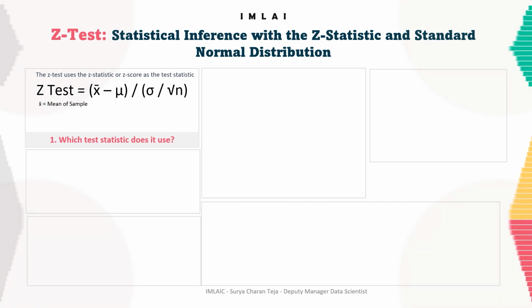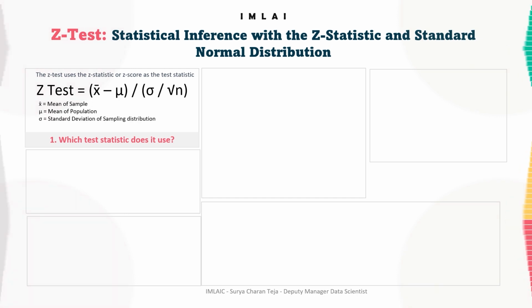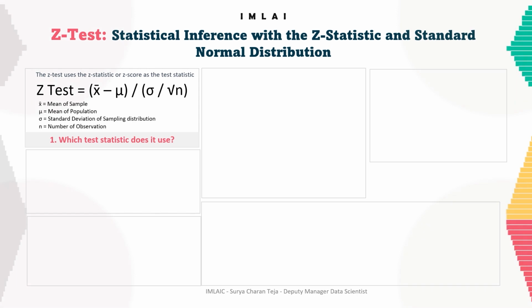So x bar is the mean of the sample, mu is the mean of the population or hypothesized mean of the population, sigma is the standard deviation, and square root of n is the number of observations. Sigma divided by square root of n is called the sampling error of the sampling distribution. This is how we calculate the z score or z statistic.